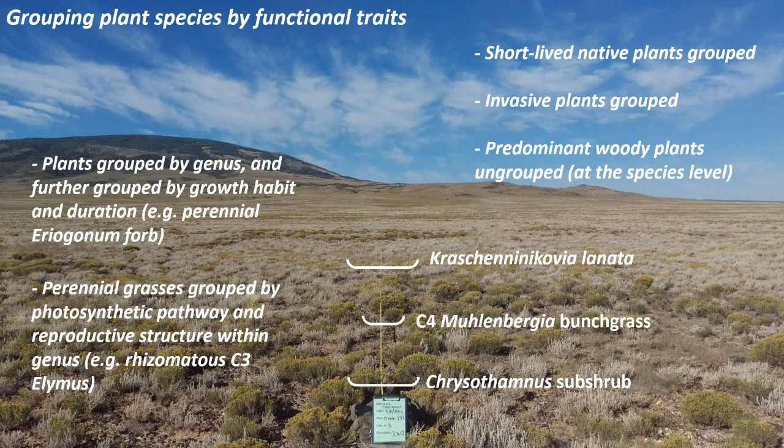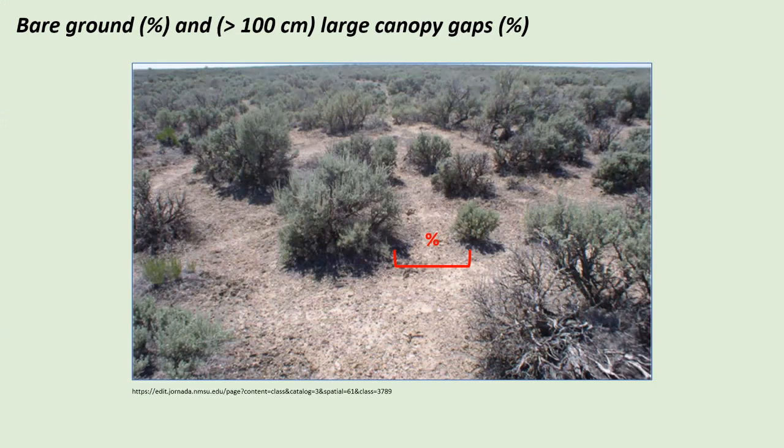And I used these plant data combined with percent bare ground and proportion of the plot in large canopy gaps to understand what vegetation communities were present in this monitoring data. I chose to include these indicators of percent bare ground and large canopy gaps as they can provide insight into the potential for wind and water erosion, as well as how resources are distributed at the plot level.